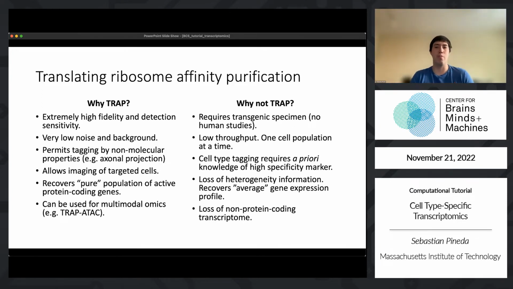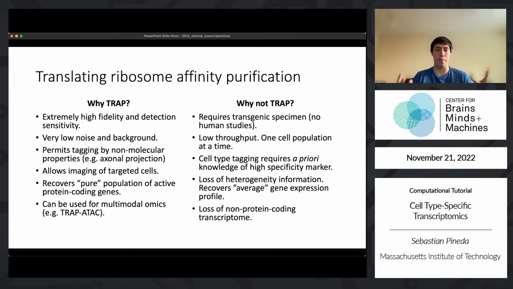So when do we use TRAP? When do we not use TRAP? As I mentioned, it's extremely high resolution, with extremely high detection sensitivity, very low noise, and very low background, which is unique among transcriptomics technologies because most of them are actually quite noisy. We'll talk about an example of that. We can tag and recover cell populations by properties other than just cell type specific markers, which is unique in a sense.